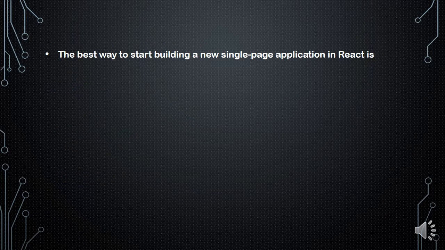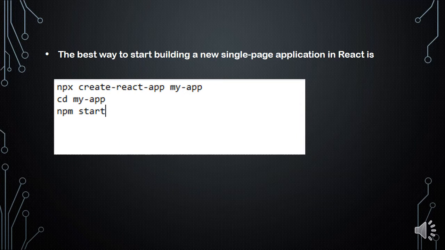The second, and the best way to start building a new single page application in React, is that you can just go to your command prompt and type these three lines of code: npx create-react-app myapp, cd myapp, npm start.